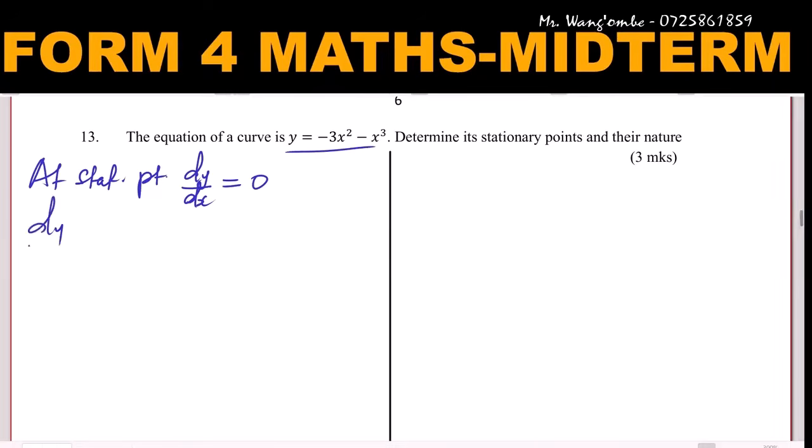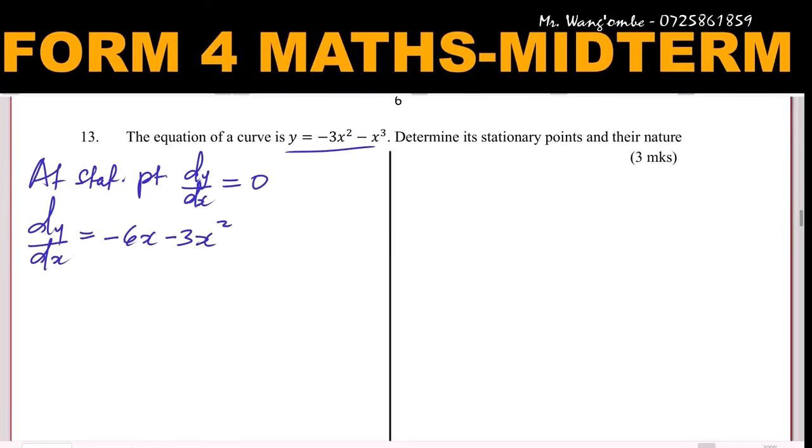So dy/dx is equal to negative 6x, when you differentiate negative 3x squared, and when you differentiate x cubed, this will be negative 3x squared.